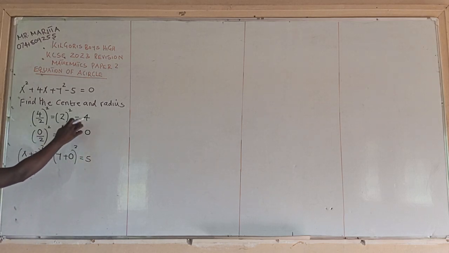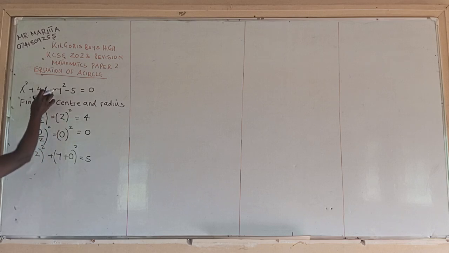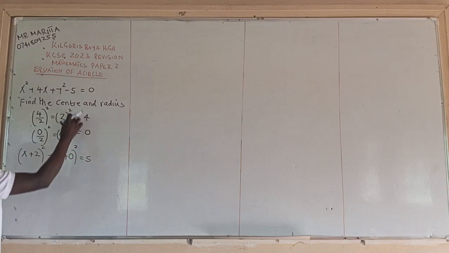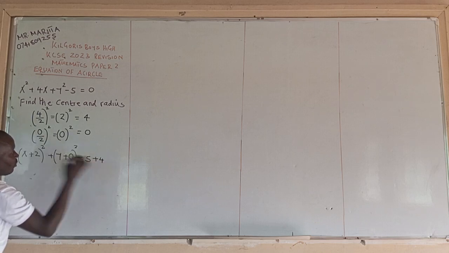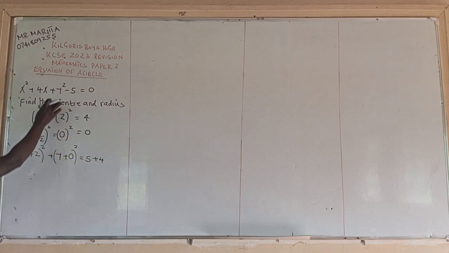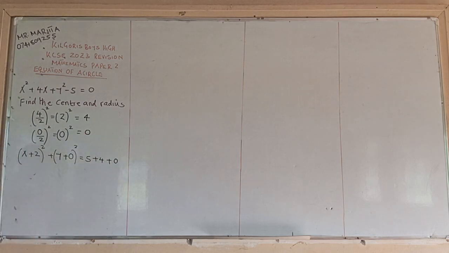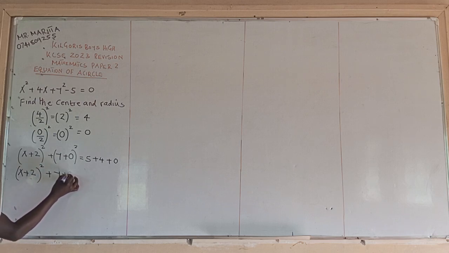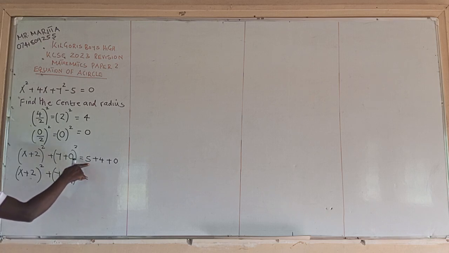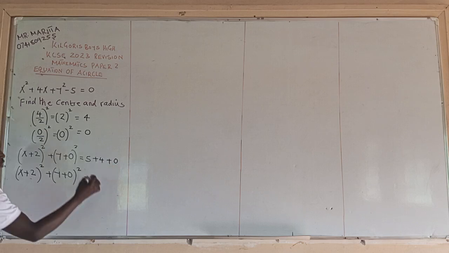Then the completing square on x gives us 4, which is an addition here, and the completing square on y is 0, so we add 0 on this side. So we have x plus 2 all squared, plus y plus 0 all squared, equivalent to 5 plus 4 plus 0, and this gives us 9.